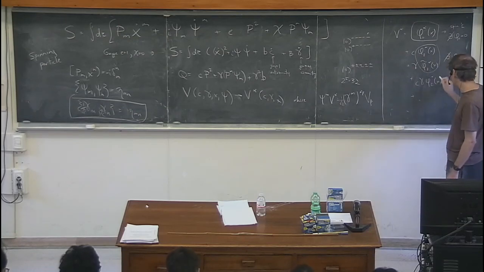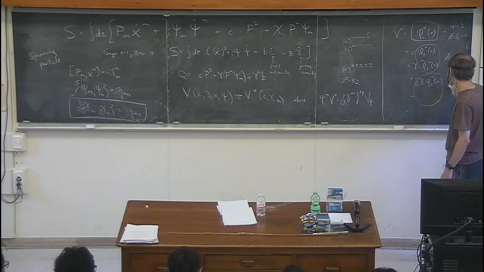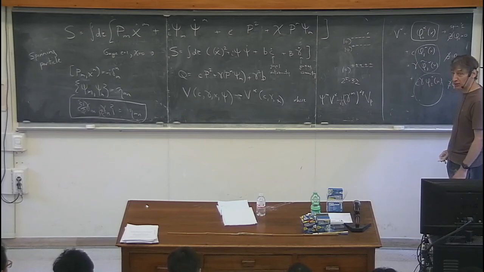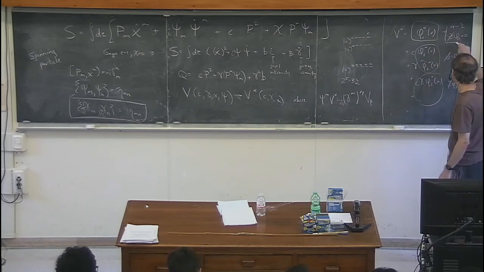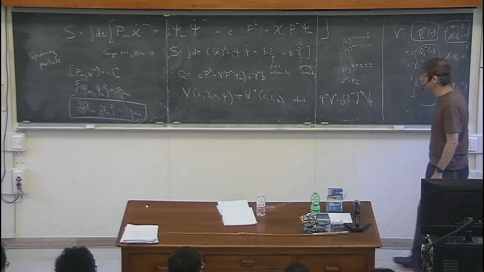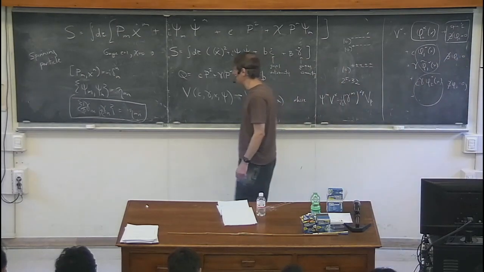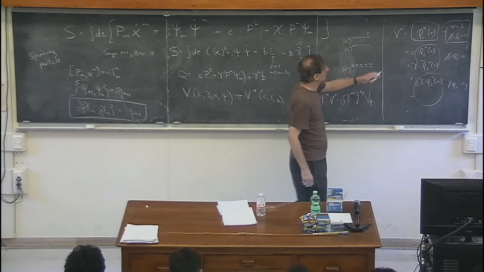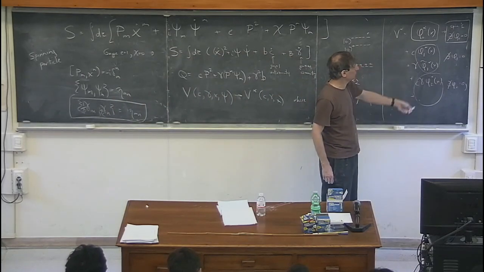So you actually get not just 2 copies, you get an infinite number of copies. With each of these ghost numbers, you're going to get another copy. So this will be identified as the physical state, and these copies, as we'll see when we do the string also, describe the space-time fermion.